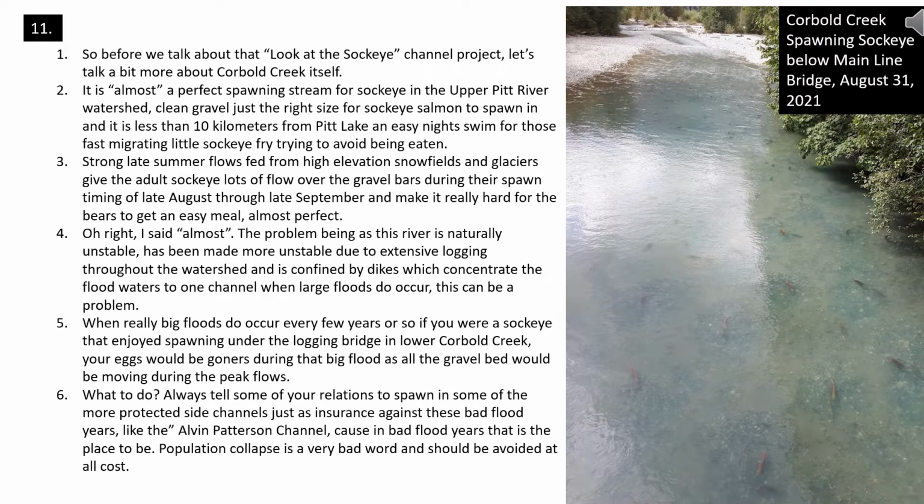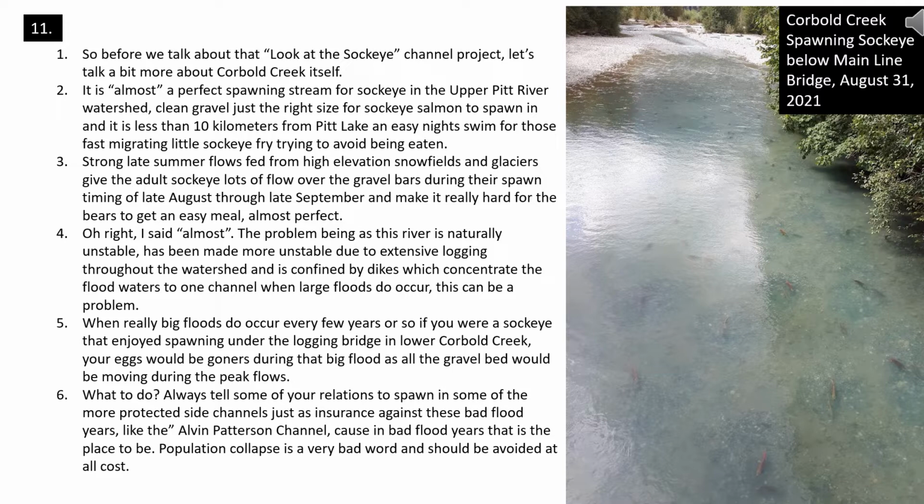Before we talk about that, look at the Sockeye Channel project, let's talk a little bit more about Corbould Creek itself. It is almost a perfect spawning stream for sockeye in the Upper Pitt River watershed. Clean gravel, just the right size for sockeye salmon to spawn in, and it is less than 10 kilometers from Pitt Lake, an easy night's swim for those fast migrating little sockeye fry trying to avoid being eaten.